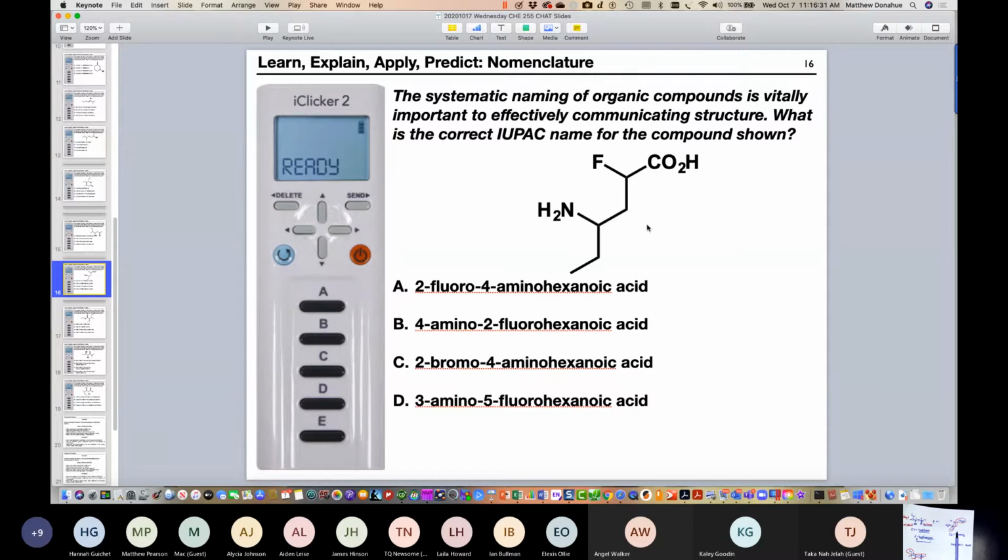Again, let me just reiterate. The substituents are listed in alphabetical order. A is greater than F. Notice how 4 and 2, those numbers are just associated with the alphabetic order of the substituent.